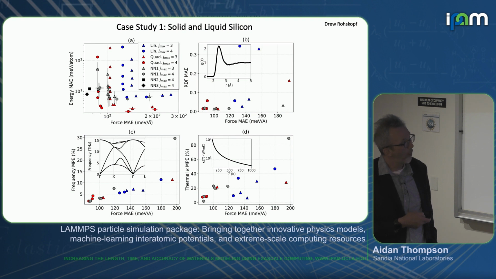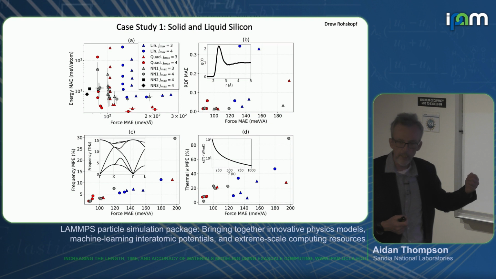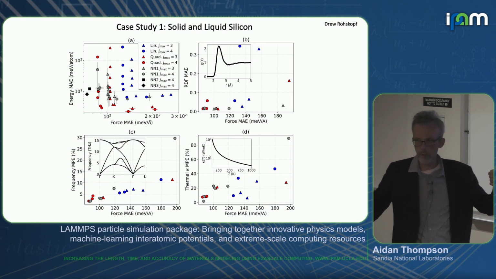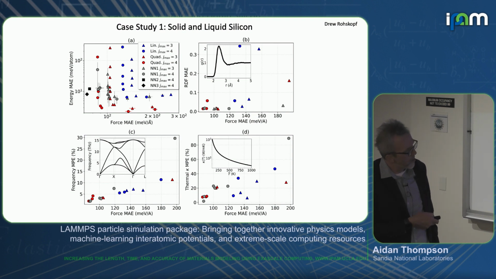He looked at a whole bunch of different models, linear SNAP, quadratic SNAP, and also SNAP descriptors combined with neural network models, and got families of potentials where he varied the relative emphasis on energy versus force accuracy, right? So that's why we've got two axes here, force accuracy on the x-axis and energy accuracy on the y-axis.